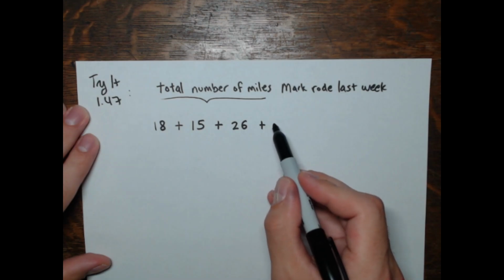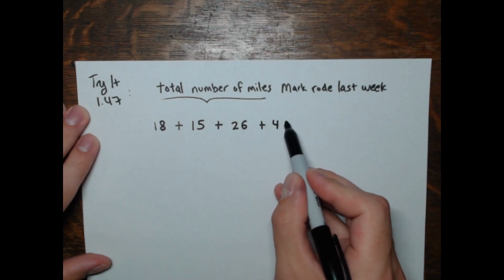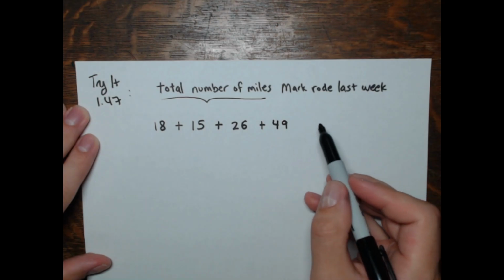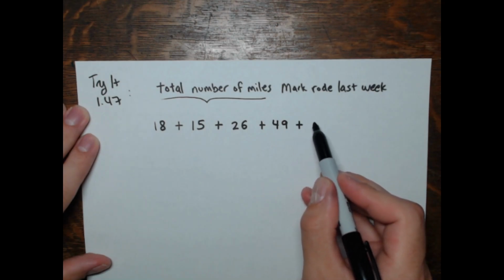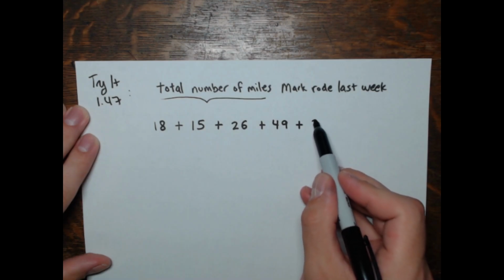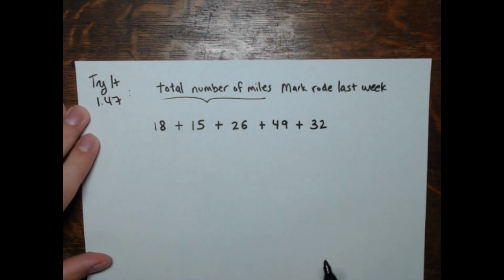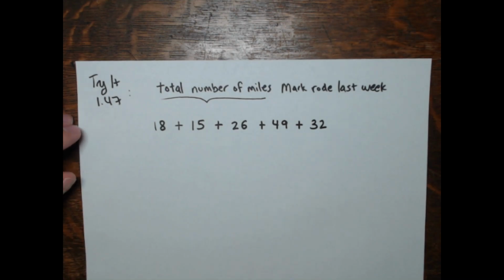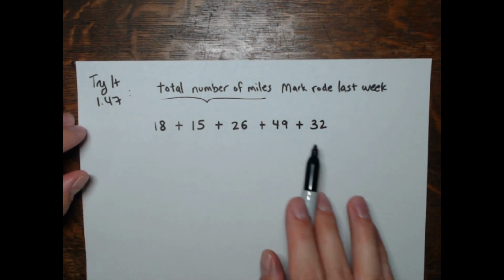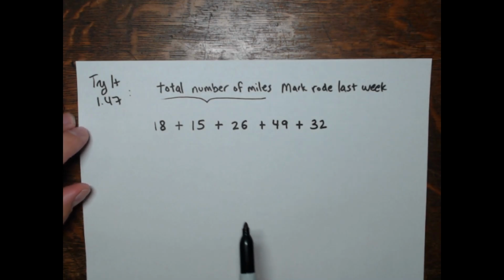Add to that the 49 miles on Saturday. And finally, the last number mentioned, add the 32 miles he rode on Sunday. So once again, like in the previous example, there are 5 different add-ins.